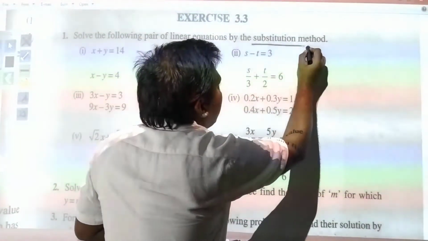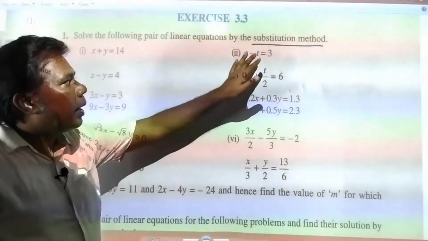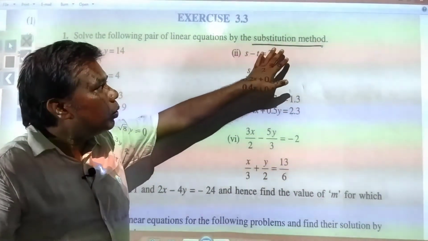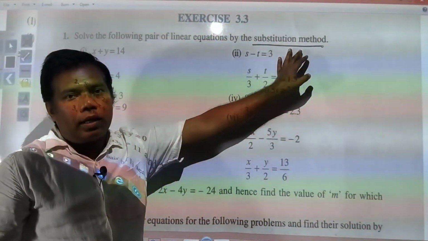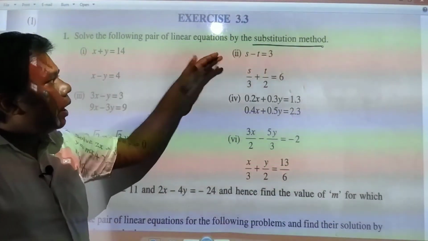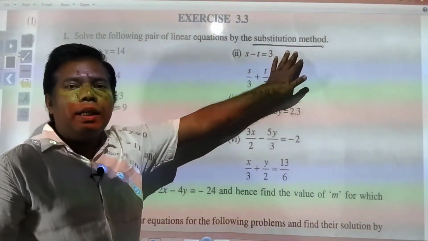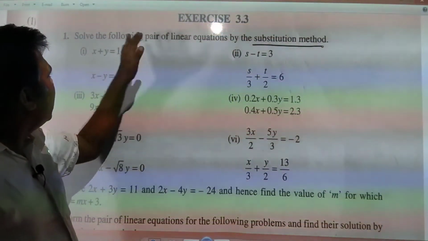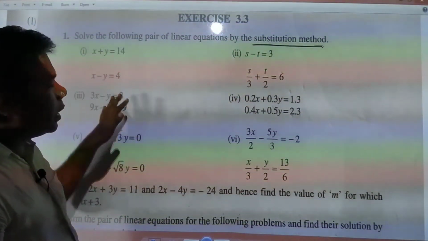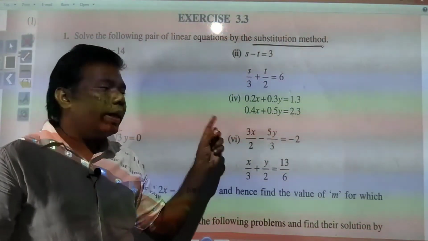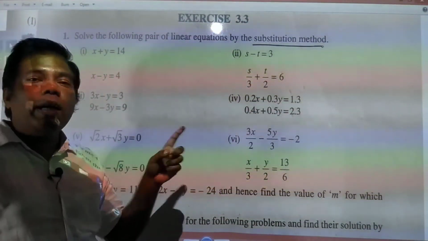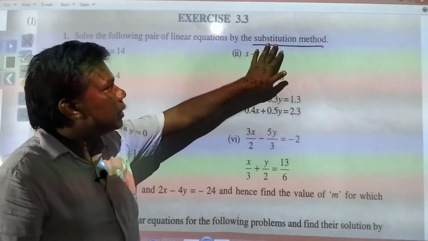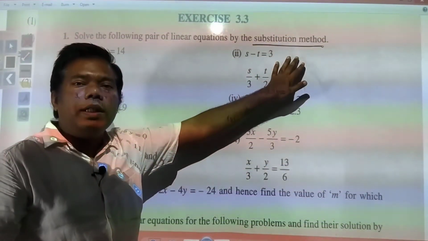If it is written as by substitution method or by elimination method, then only those methods are required to be applied. Otherwise, if it is not written in the exam by which method you need to solve, and it says solve the following pair of linear equations, it means you need to find out x and y by any method, whichever method you feel easy, either substitution method or elimination method.